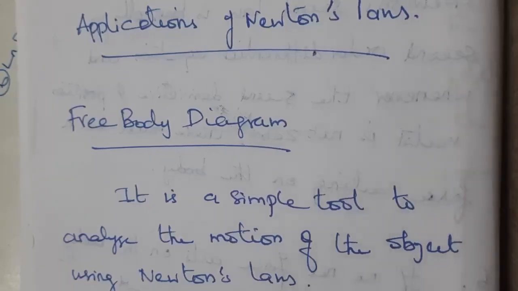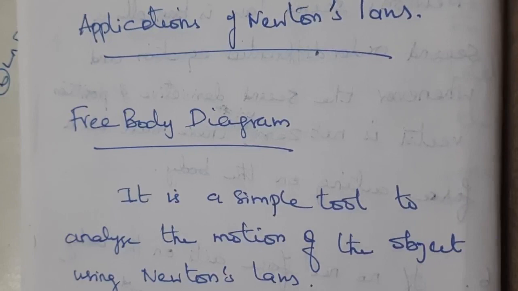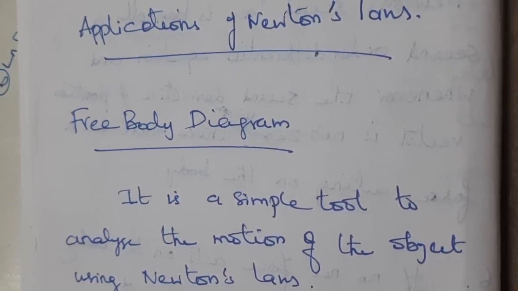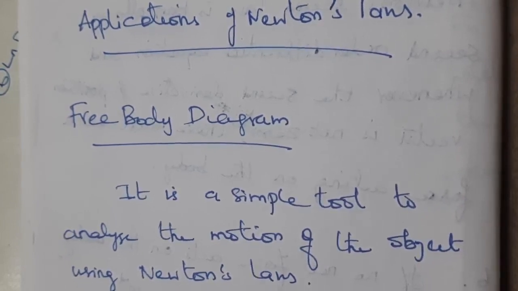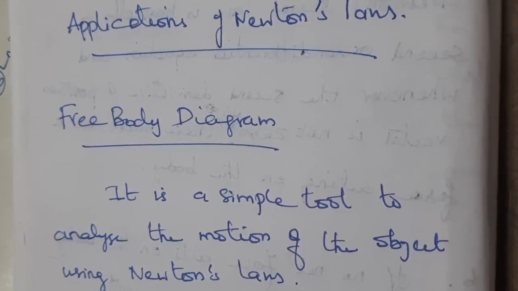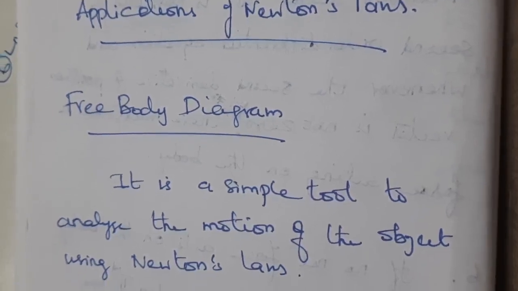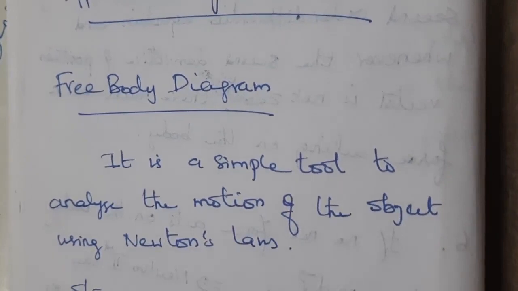The next topic is application of Newton's laws. In that, first, free body diagram. What is meant by free body diagram? It is a simple tool to analyze the motion of an object using Newton's laws.